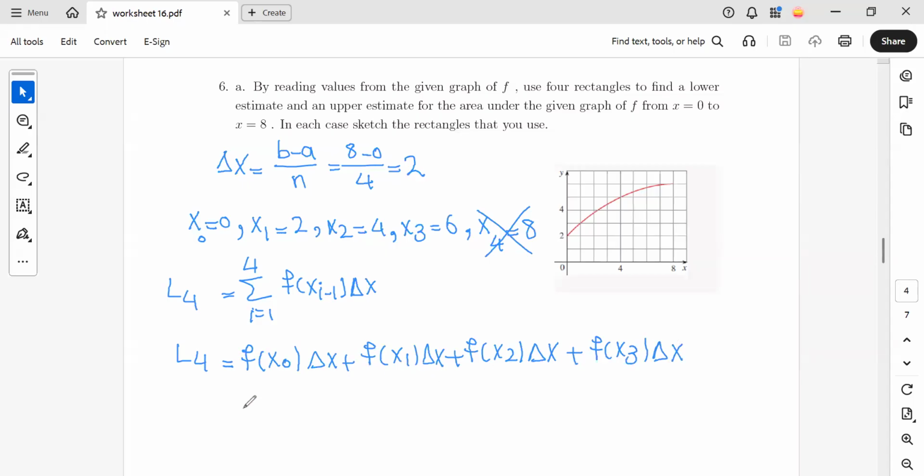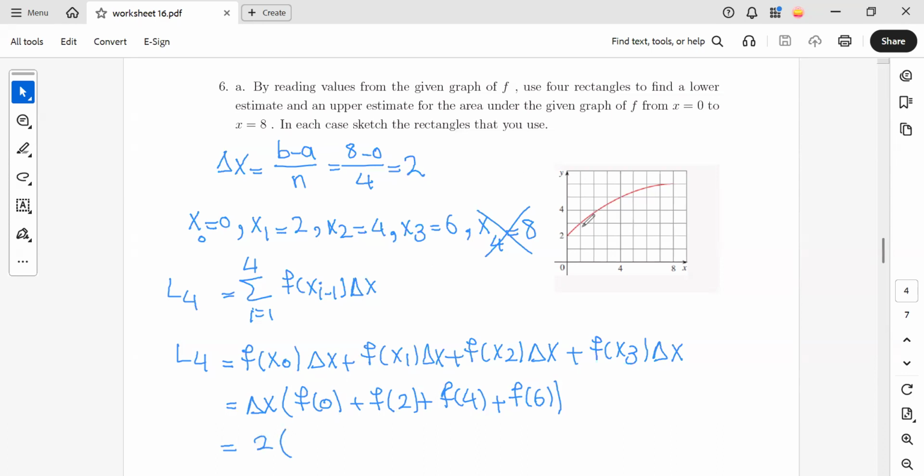We know that delta x is in common, so we can factor it out and write f of x sub 0, which is 0, f of x sub 1, which is 2, f of x sub 2, which is 4, and f of x sub 3, which is 6 here. Now, delta x is 2.